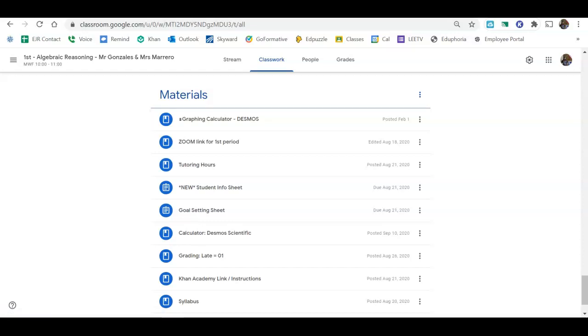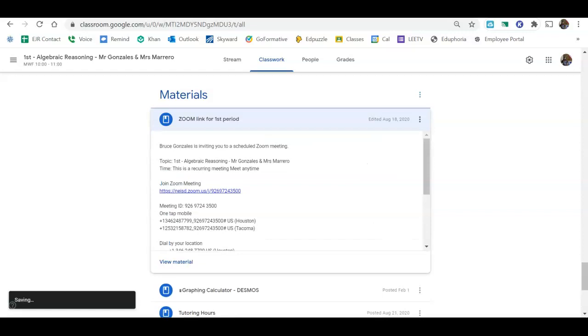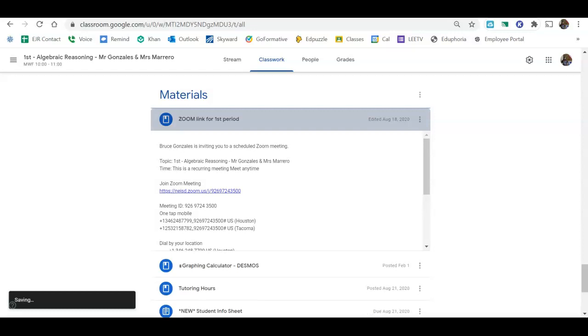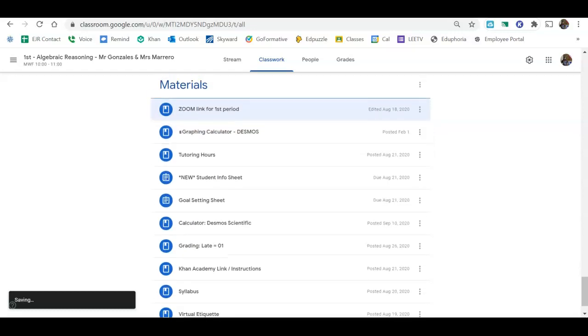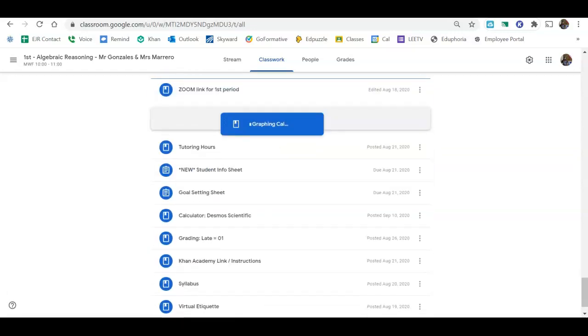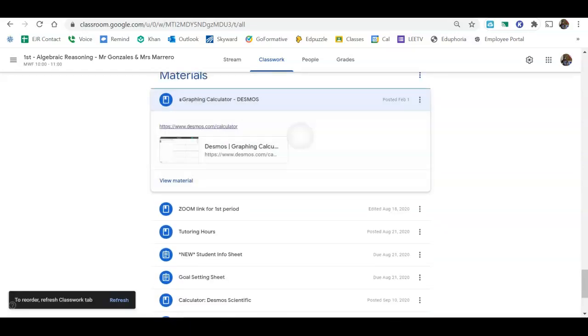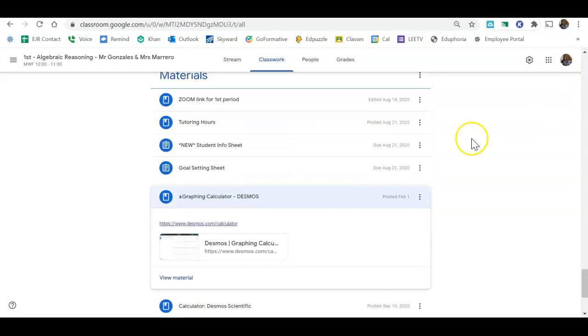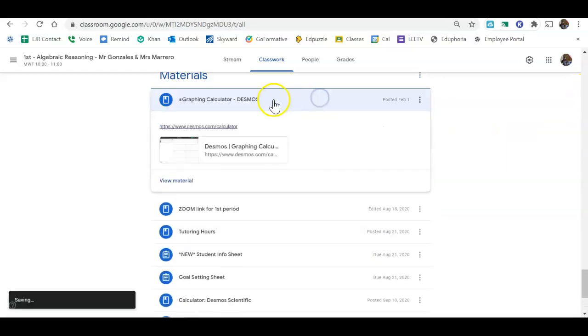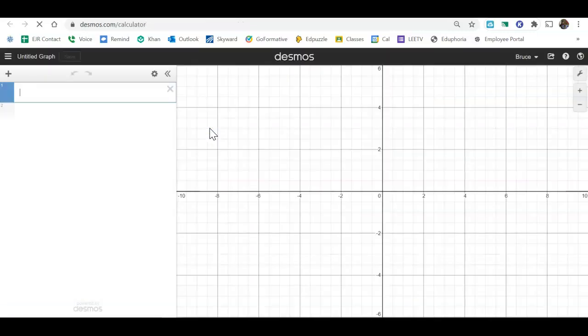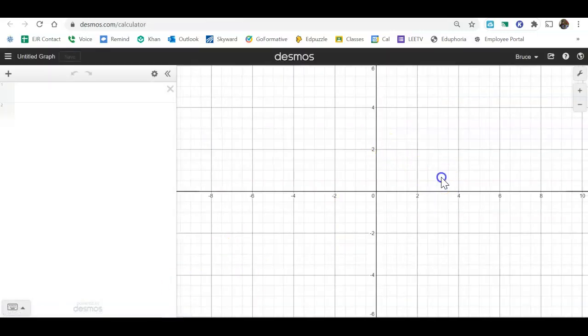So if you click on that, okay, there we go. Sorry, it's really frustrating. Okay, and then you click desmos.com/calculator. That's what we're going to use for graphing.